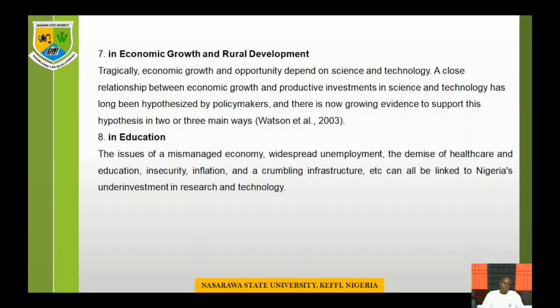So the issue of a mismanaged economy, widespread unemployment, the demise of healthcare and education, insecurity, inflation, and crumbling infrastructure, etc., can all be linked to Nigeria's underinvestment in research and technology.